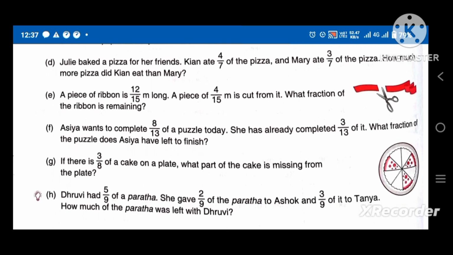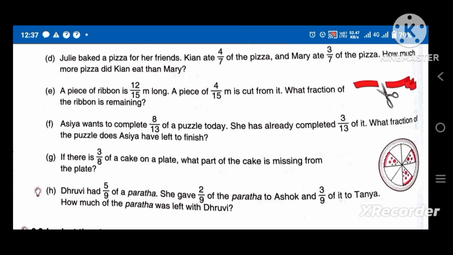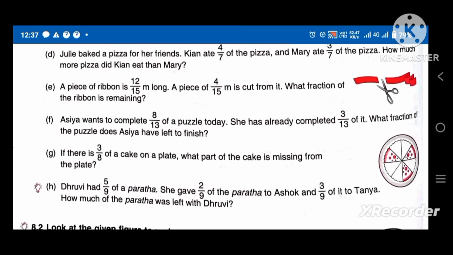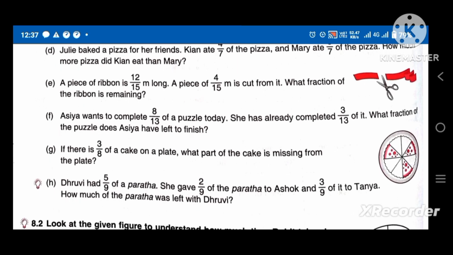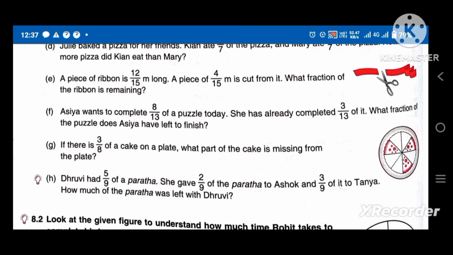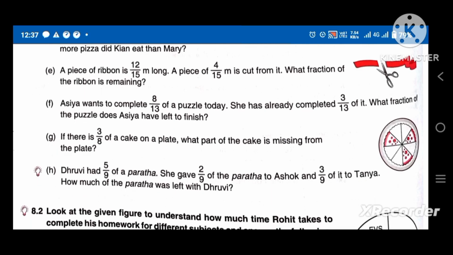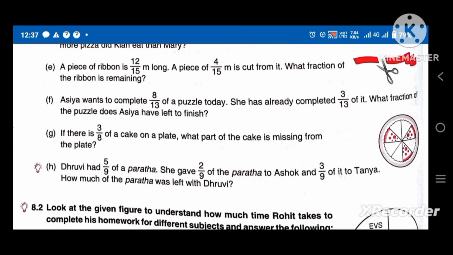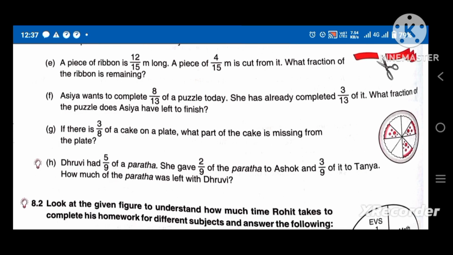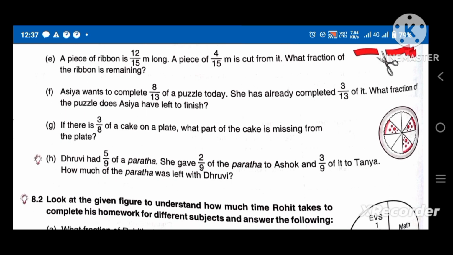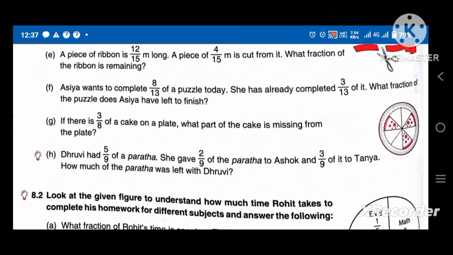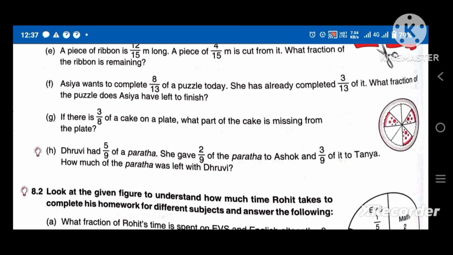F. Asia wants to complete 8/13 of a puzzle today. She has already completed 3/13 of it. What fraction of the puzzle does Asia have left to finish? G. If there is 3/8 of a cake on a plate, what part of the cake is missing from the plate?